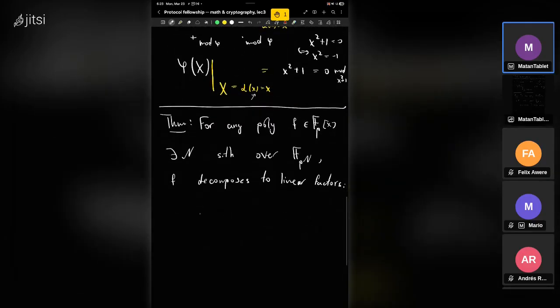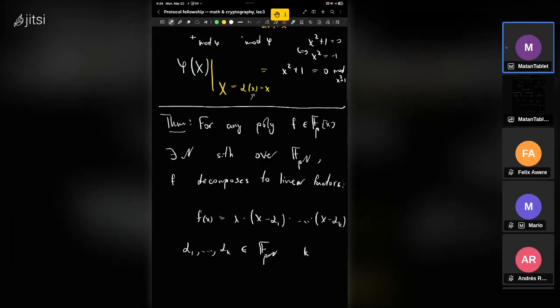That is, I can write f over this new extended field as lambda times (x minus alpha_1) up to (x minus alpha_k), where alpha_1 up to alpha_k are elements in the new field F_p^n. And let's say k is the degree of f.